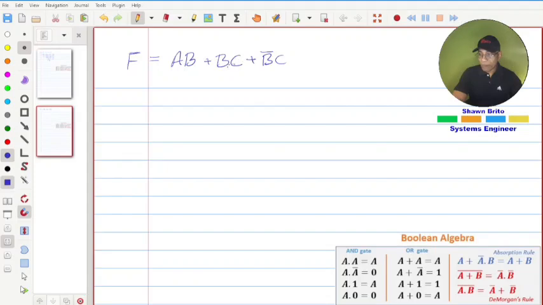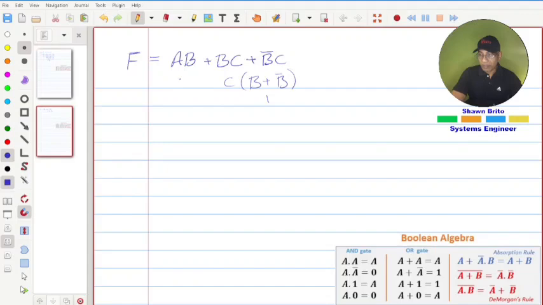Let's look at it from this side. BC and BC. Definitely there is something I can do from here. I can take the C out, and then I can put here B plus B bar. B plus B bar is always equal to 1.